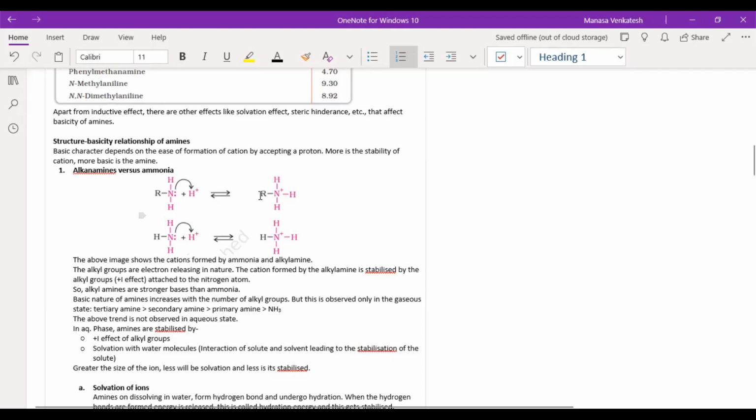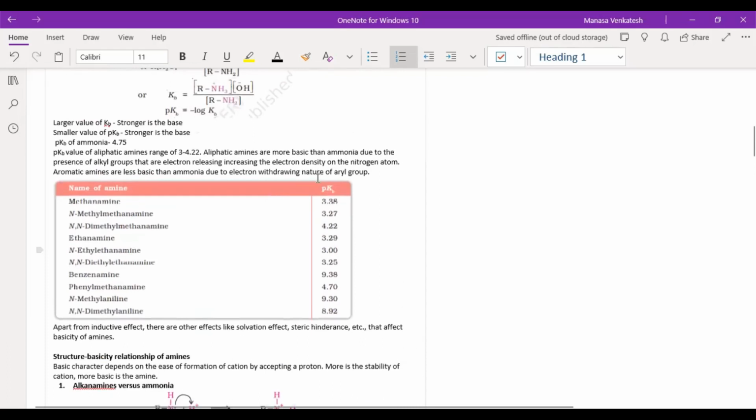And we know alkyl groups have a tendency to donate or release electrons, so they are electron releasing in nature. This electron releasing nature of the alkyl group will stabilize the positive charge on the nitrogen atom. Whereas here you just have a hydrogen, and that's not going to stabilize the nitrogen as much as the alkyl group does. So because of that, aliphatic amines are more basic than ammonia.